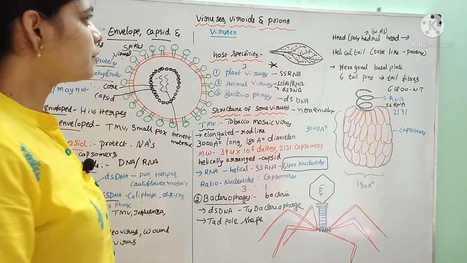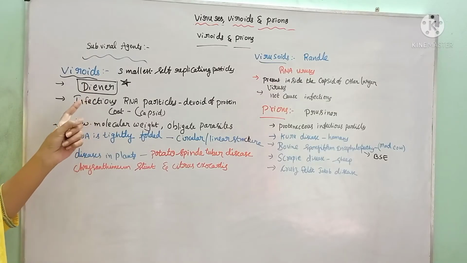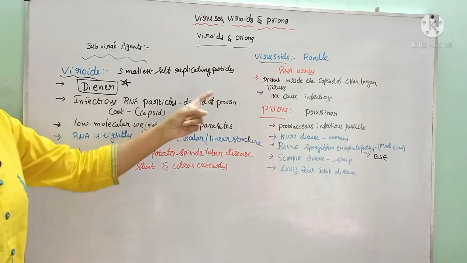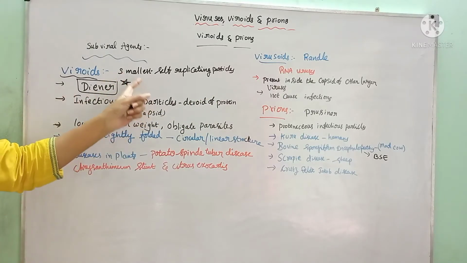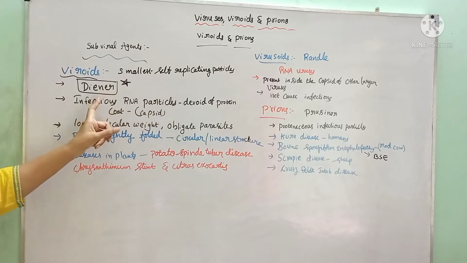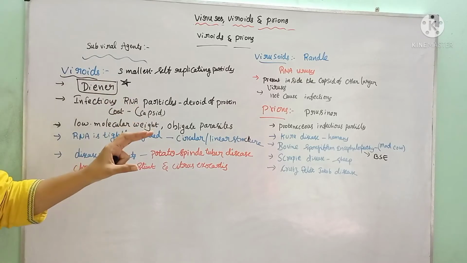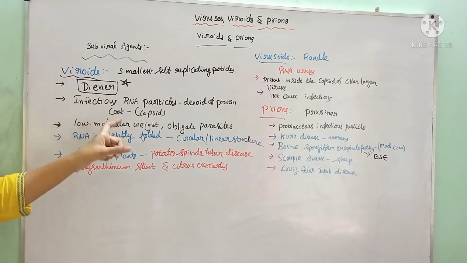So next is viroids and prions. Next we will study some of the subviral agents like viroids, virusoids and prions. Viroids are the smallest self-replicating particles, first discovered by Diener. These viroids are nothing but infectious RNA particles without any capsid. Only the RNA particles act as the infectious agents.